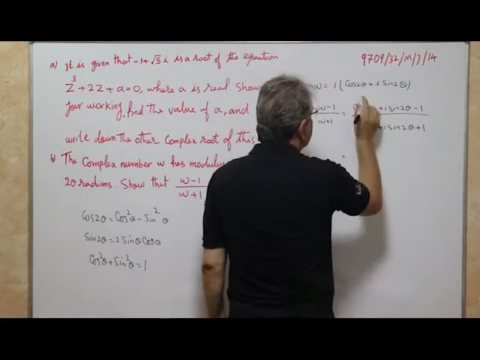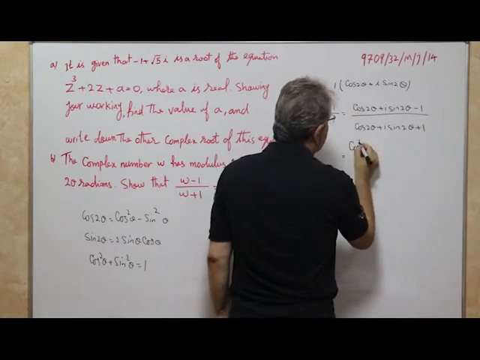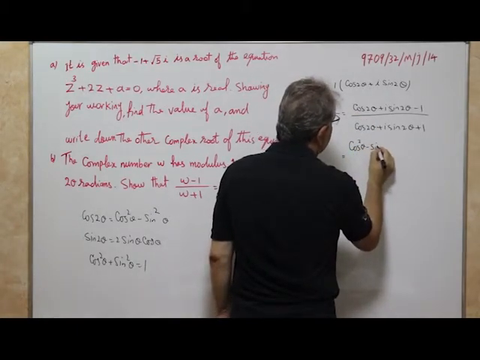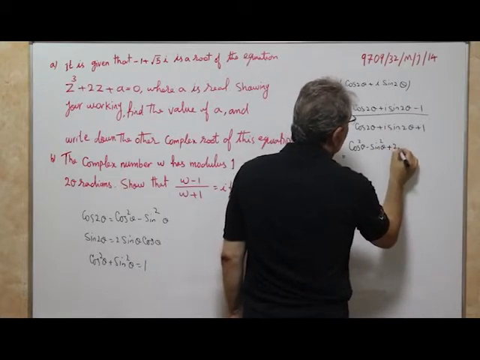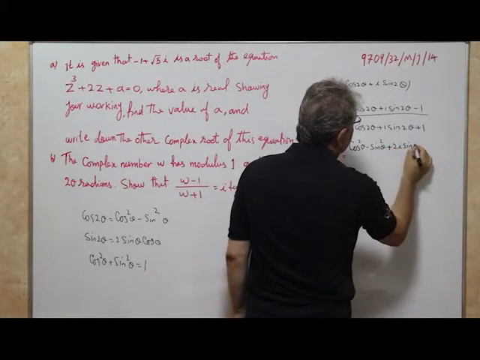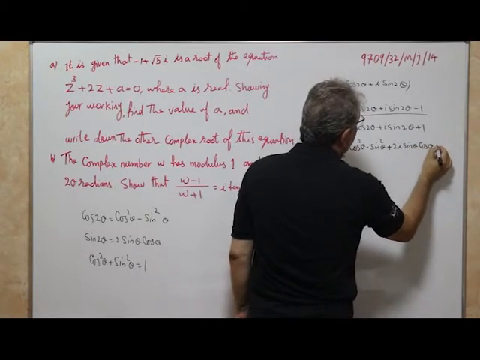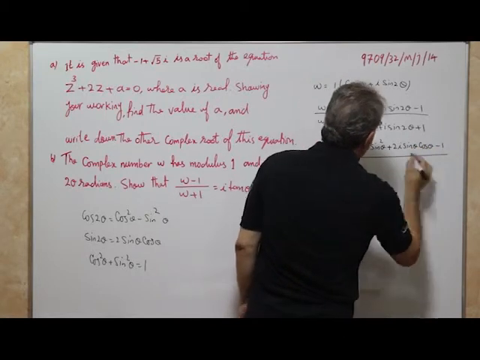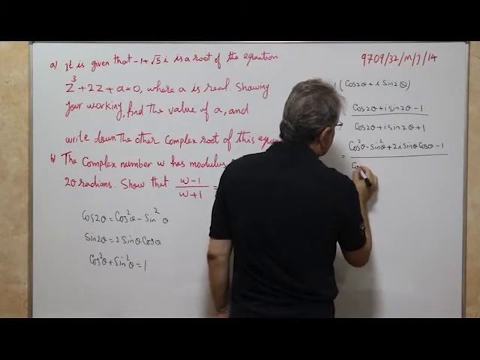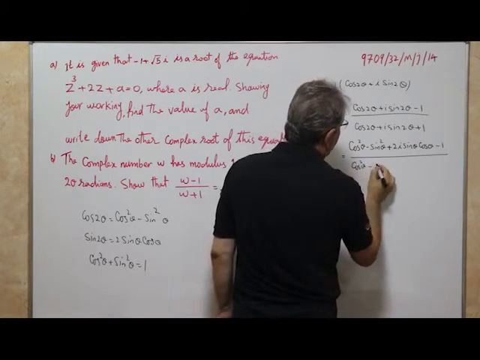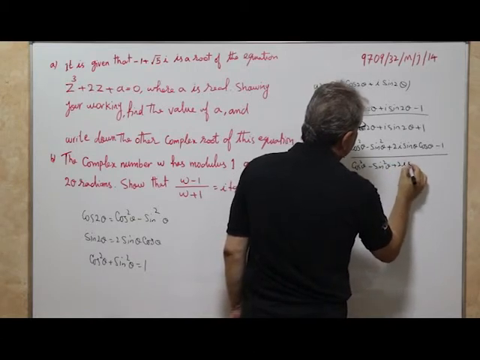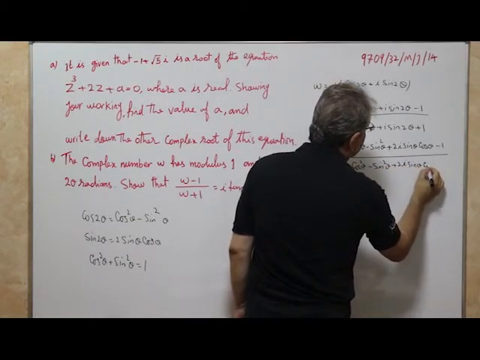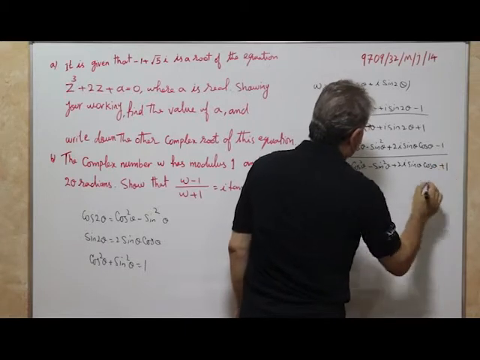So, this will change to cos squared theta minus sin squared theta plus 2i sin theta cos theta minus 1. And here we are getting cos squared theta minus sin squared theta plus 2i sin theta cos theta plus 1.